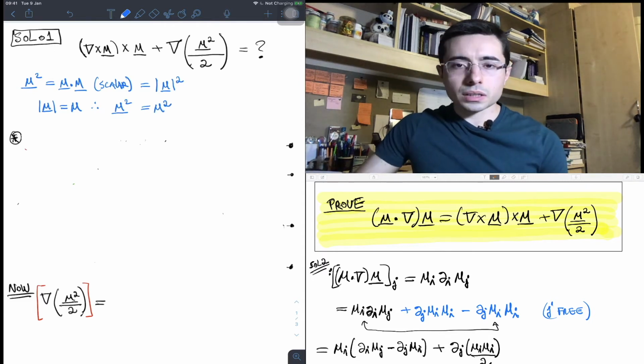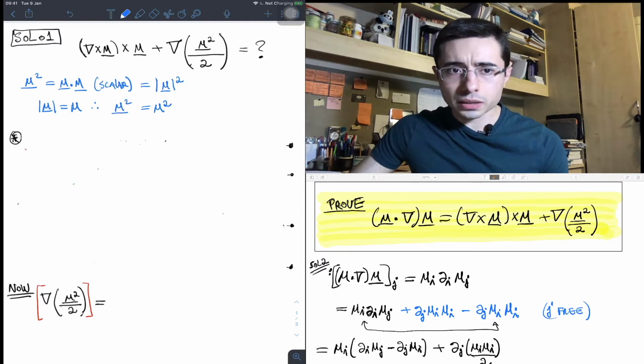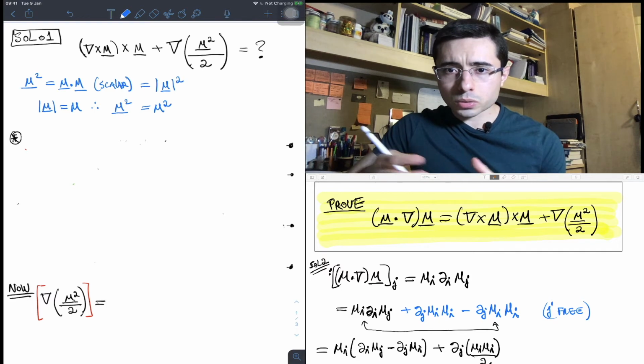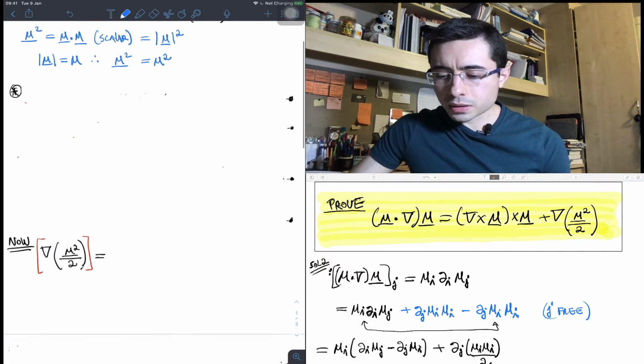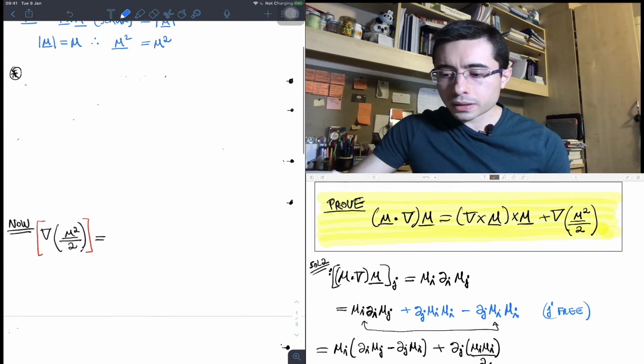So the notation can be a bit misleading, but just remember that what we are dealing with inside a gradient is a scalar. The only way we can create a scalar out of a vector with itself is the vector scalar product with itself. It gives the scalar. Yeah, so that's the information about the understanding of u square, and then the first step.